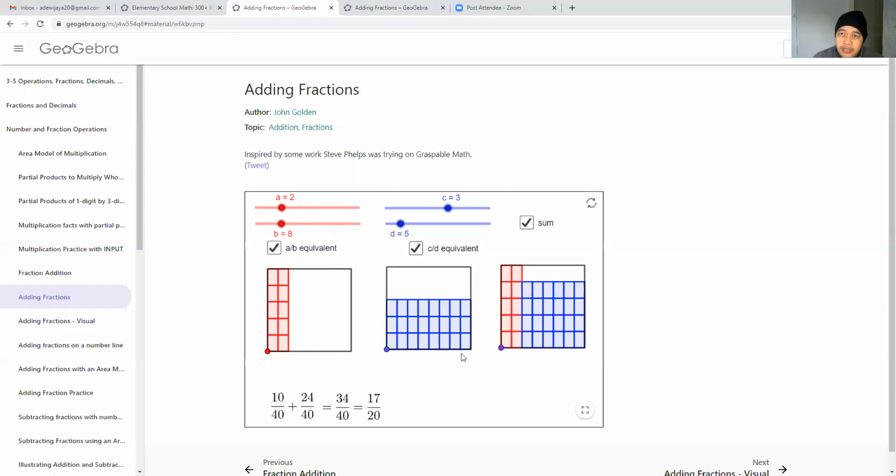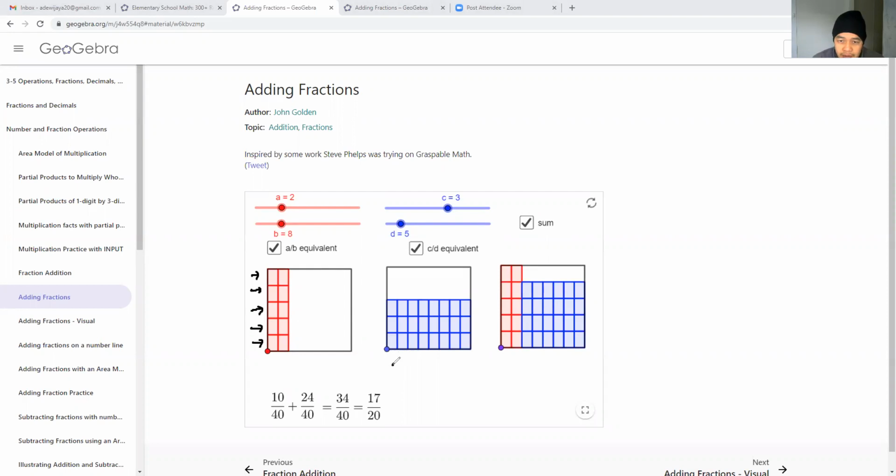It's like when you make this grid. So we have here 1, 2, 3, 4, 5, and then you also have 1, 2, 3, 4, 5, 6, 7, 8.